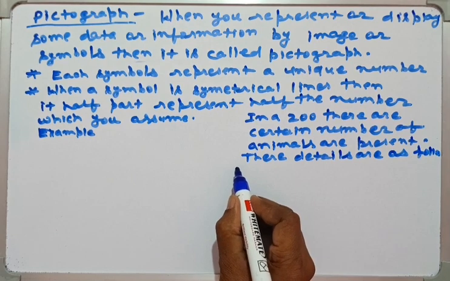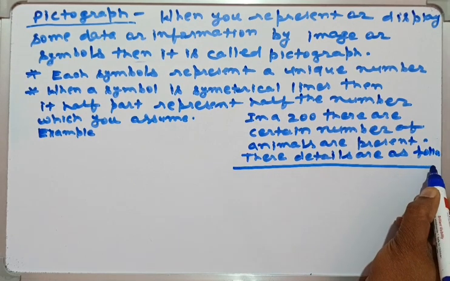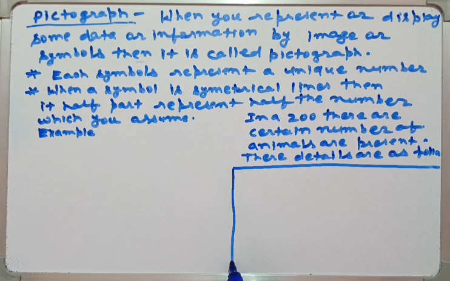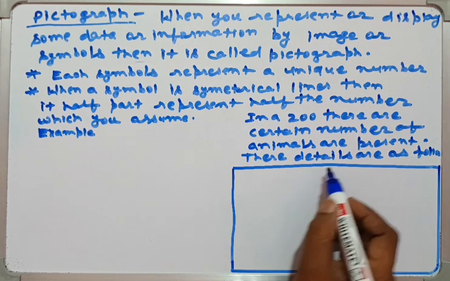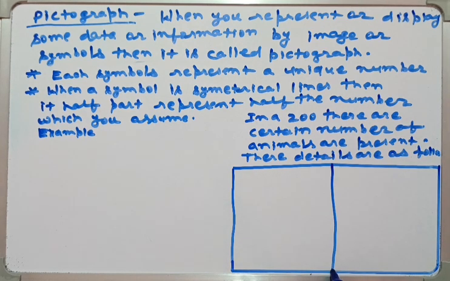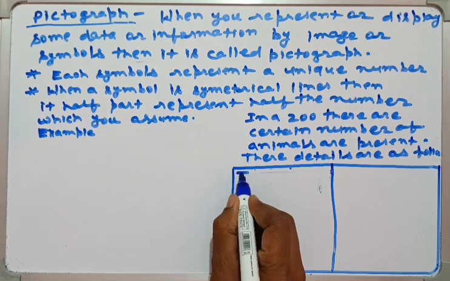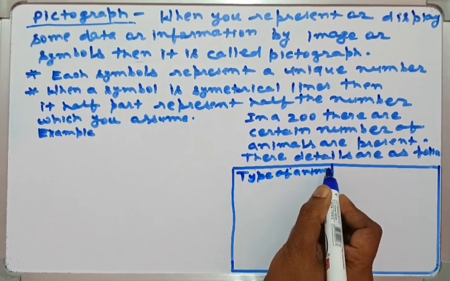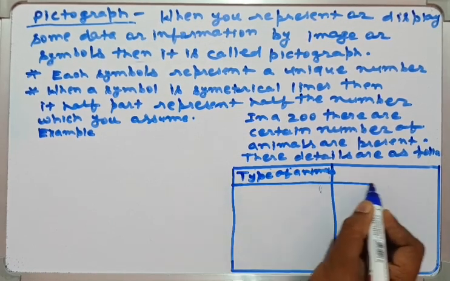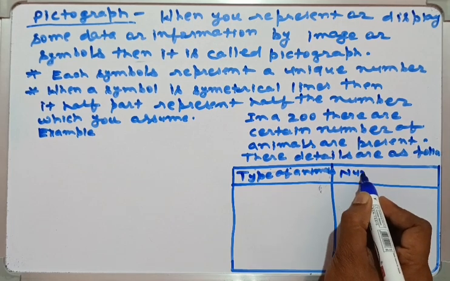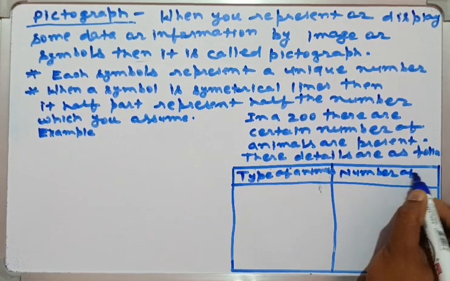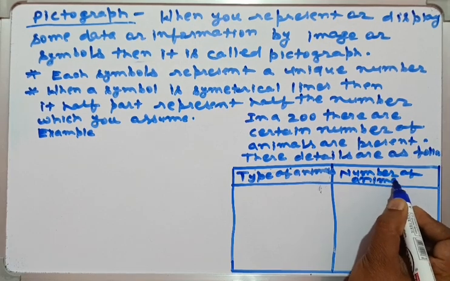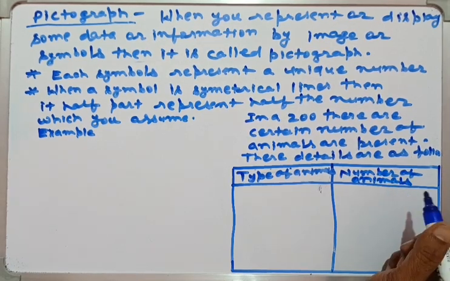Now I construct one table here in which I represent types of animals and their numbers. See here, type of animals, and here number of animals of that category.